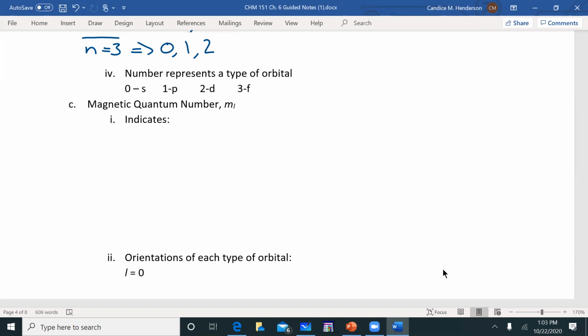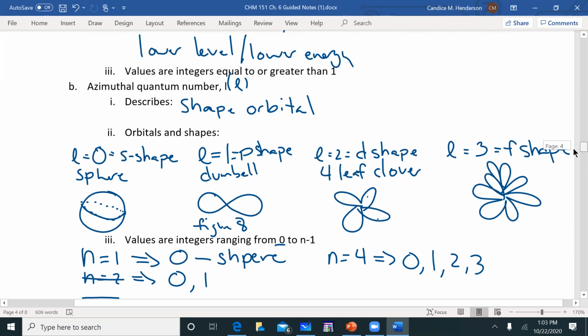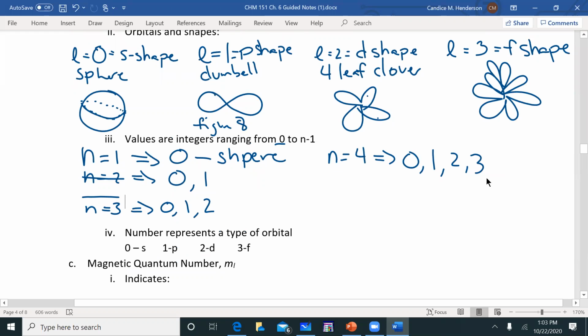Would you ever have a 4th level? Yes, there is an n equals 4. Oh, you're saying over here, would you have an L of 4? No, we don't have any shapes outside of the F. So the F is the most complicated. What would happen in n equals 5 is we would just start adding more of them to it.